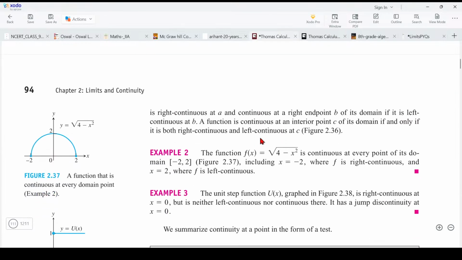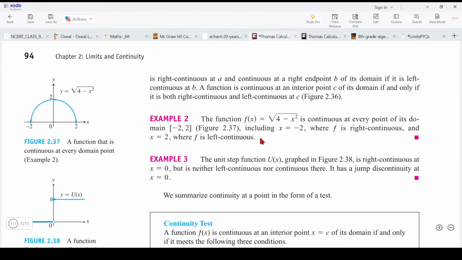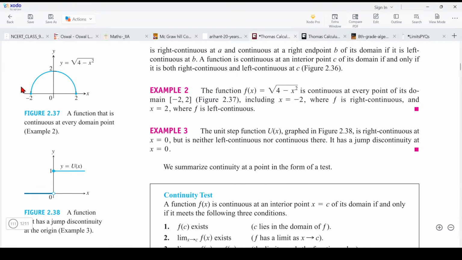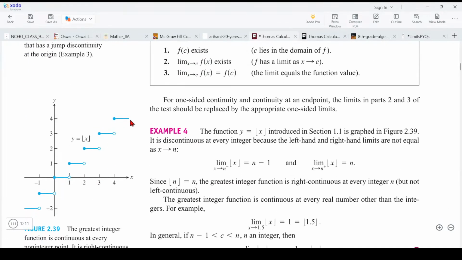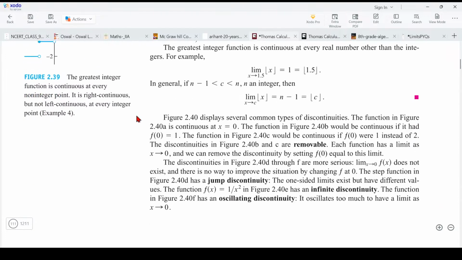Whenever it is not continuous, we say it is discontinuous. For example, this kind of function is always continuous. This function, step x or something, is discontinuous at this point. What about this? It is discontinuous at all integers: 1, 2, 3, 4, at all integers, it is discontinuous.